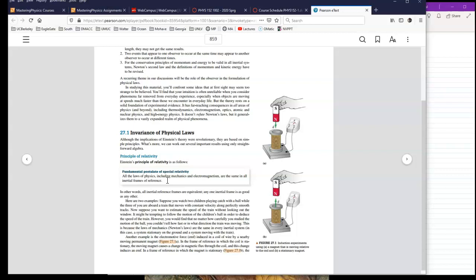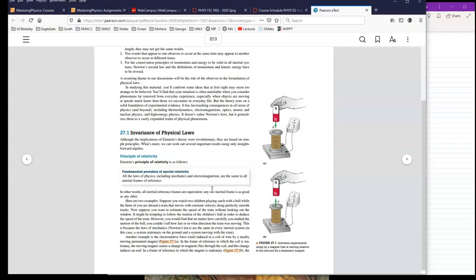So basically, the first principle of relativity says all the laws of physics are valid in any inertial frame of reference. What that means is, if I do a lab experiment on Earth in a lab and come up with some result, and then I do the same lab experiment on a moving train, again not accelerating, I'll come up with the same result.